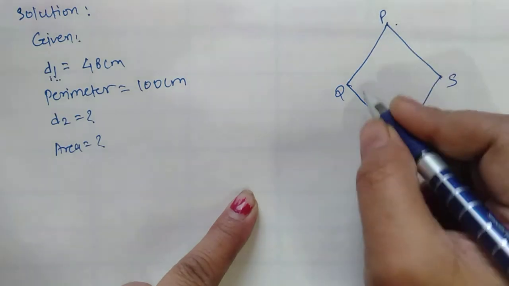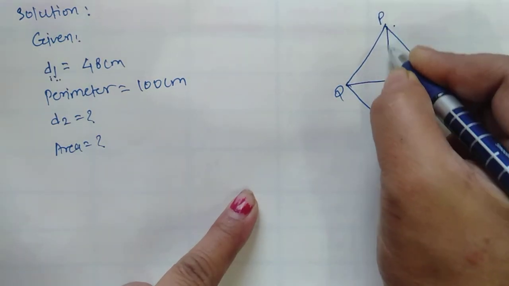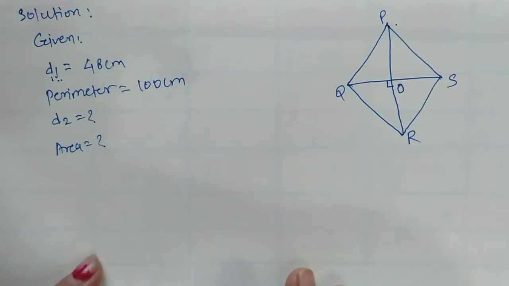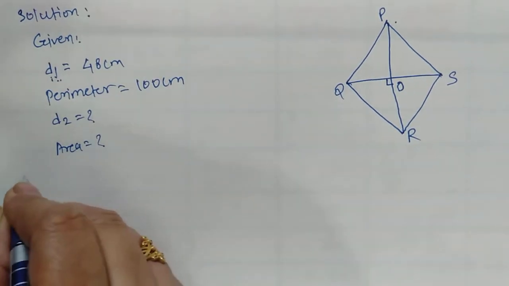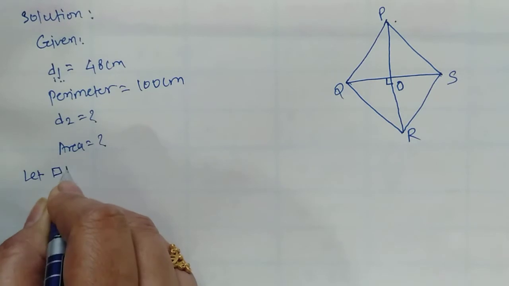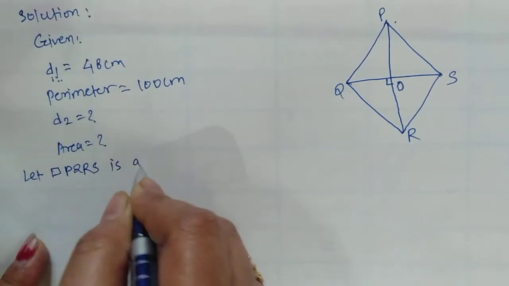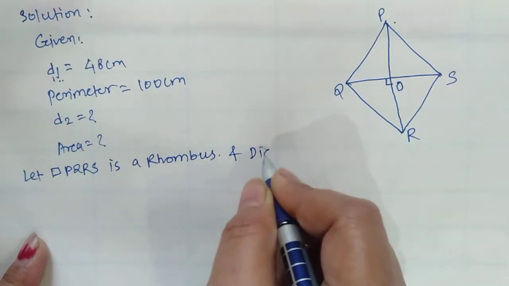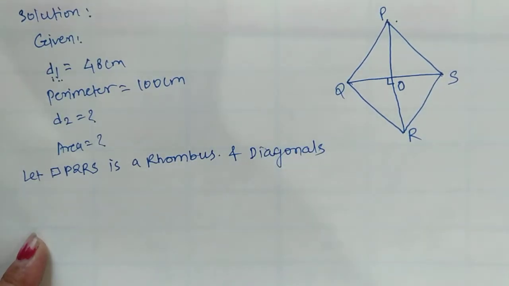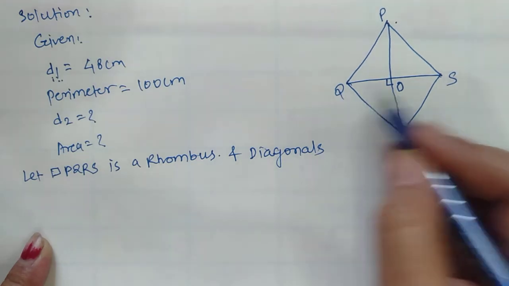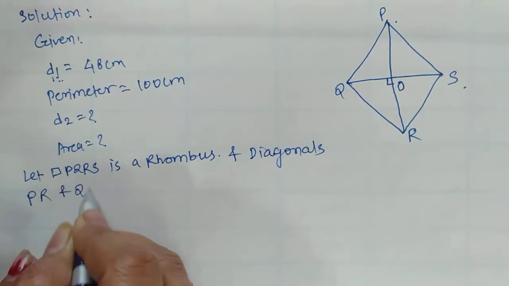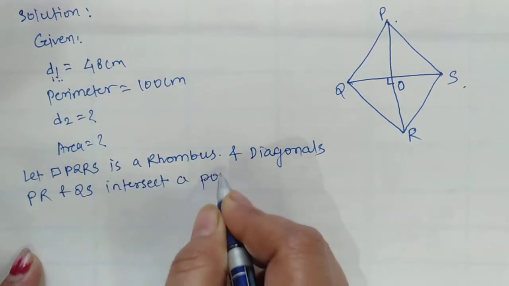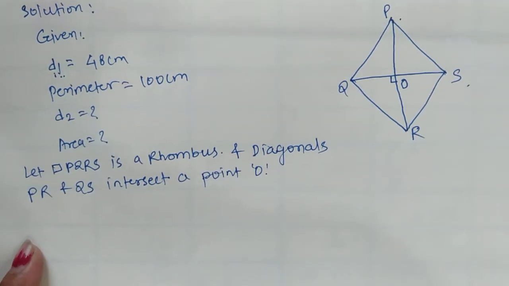So draw both diagonals and they intersect at point O. So let quadrilateral PQRS be a rhombus and diagonals PR and QS intersect at point O. Very simple.